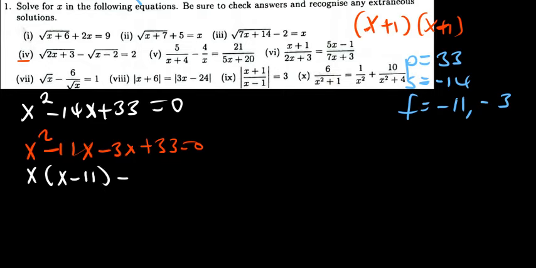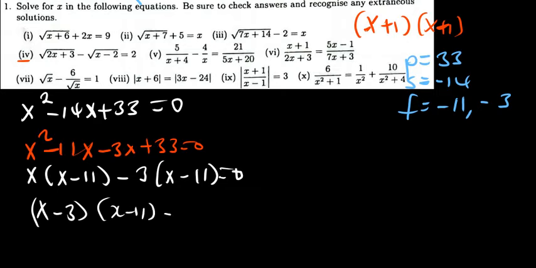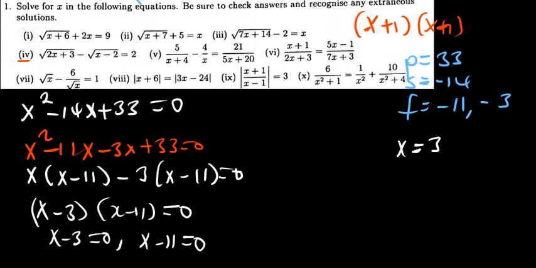Here I can factor out negative 3. I'll remain with x minus 11 is equal to 0. My solutions will be like that. x minus 3 is equal to 0, x minus 11 is equal to 0. Meaning if I shift 3 to the other side, I'll have x is equal to 3, another one will be x is equal to 11.